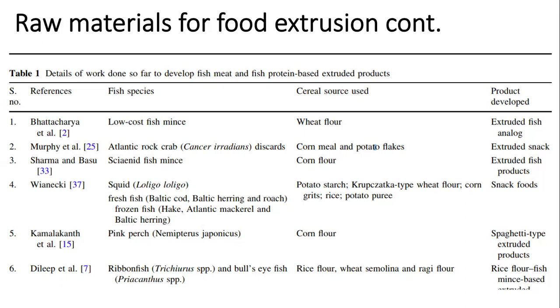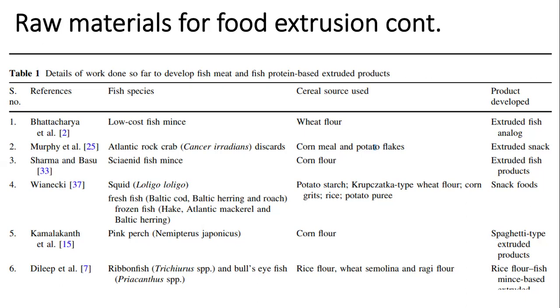Then the second example is a type of crab, which we are going to mix with corn and potato flakes, and at the end of the process you can get an extruded snack. Likewise, there are so many examples available in books, and you can also get them from the internet and by referring to some industries.